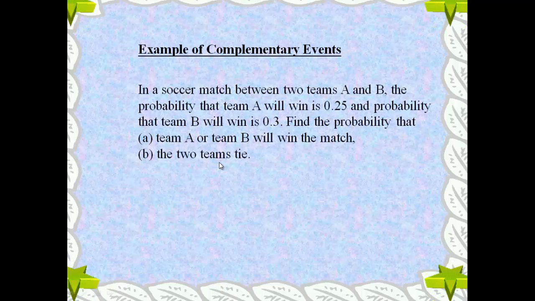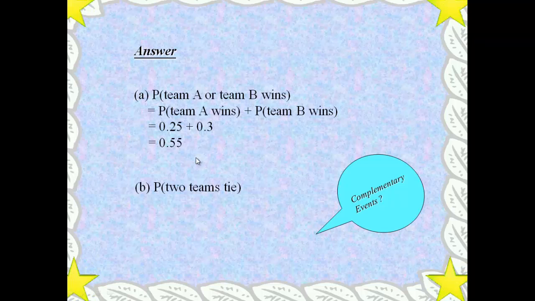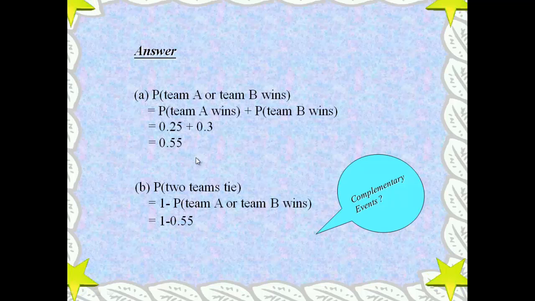And the probability that the 2 teams tie, well, that's the complementary aspect, because either team A or team B will win, the only other outcome is a tie. 0.55 for that, and the 2 teams tying is 1 minus the answer to that, which is 0.45.